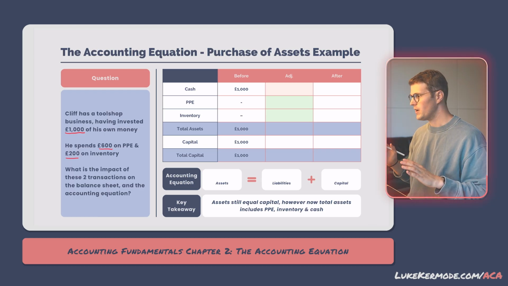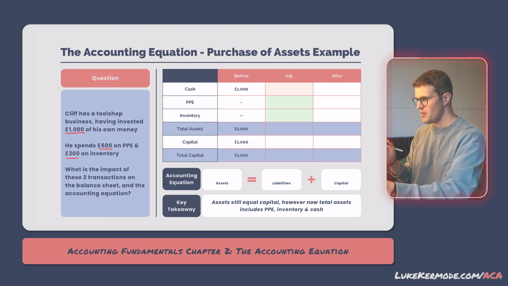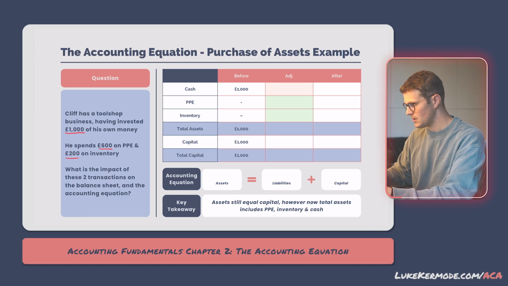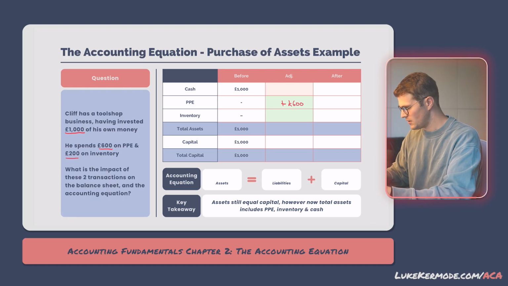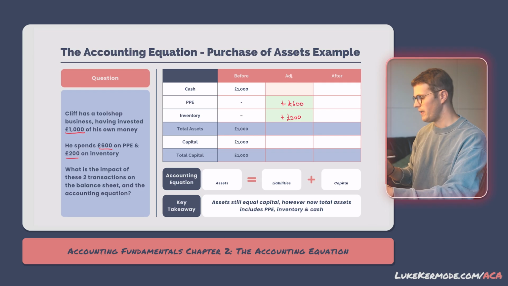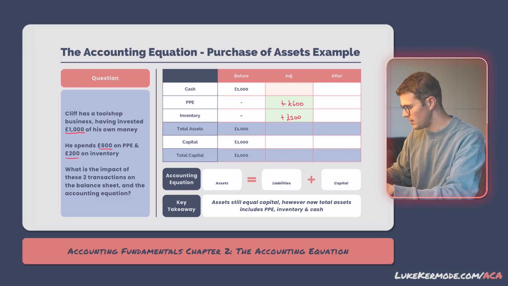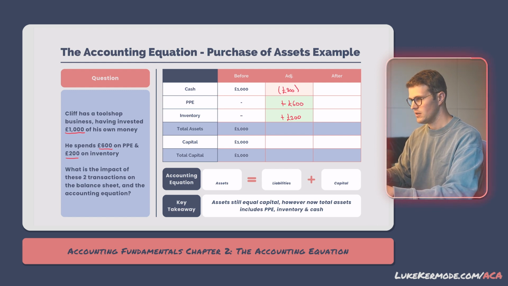So where does this all leave the accounts? So the business now holds £600 in PPE, £200 of inventory, and there's also been an £800 reduction in cash.